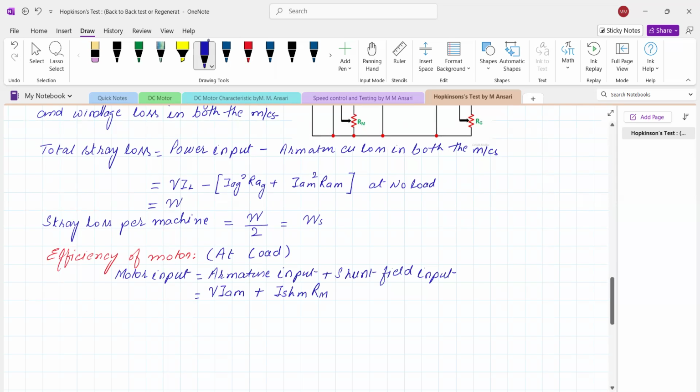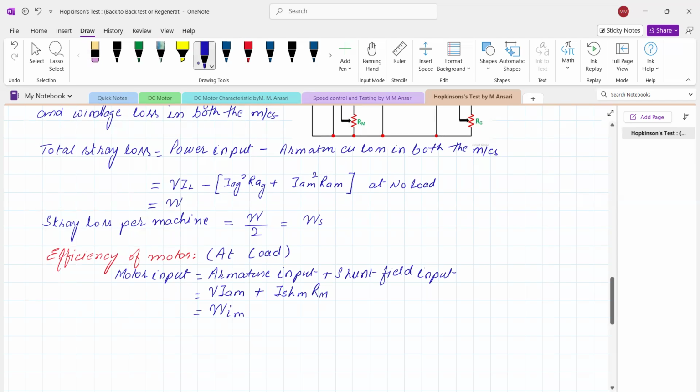We will give the nomenclature WIM, the motor input.